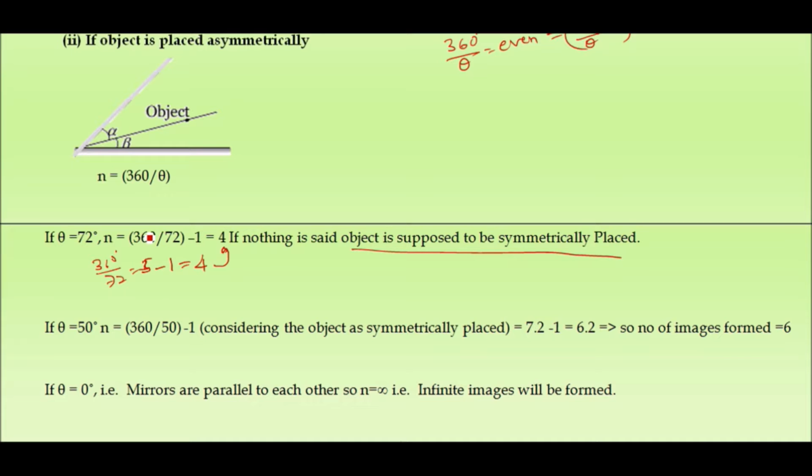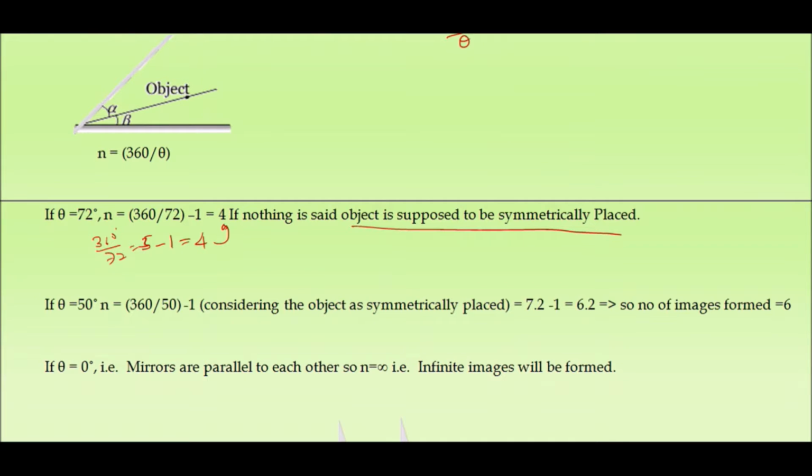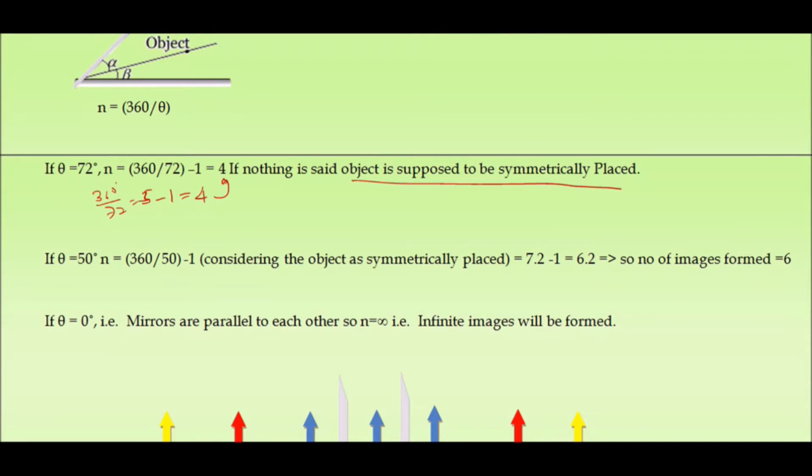Now if we get the value of 360 by theta not an integer, if we get a decimal, like if theta is equal to 50 degrees, and considering the object as symmetrically placed, we get 360 by theta is equal to 7.2. So as it is symmetrically placed, we apply the formula 360 by theta minus 1, we get 6.2.